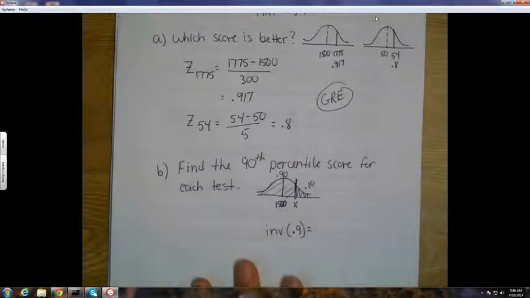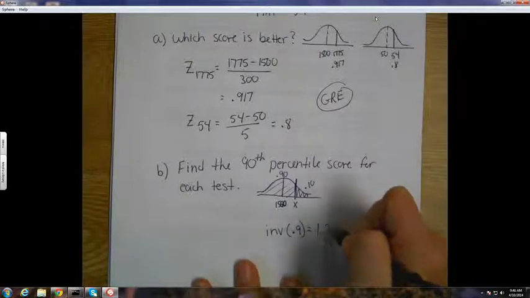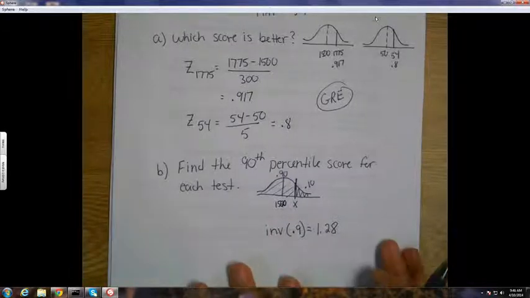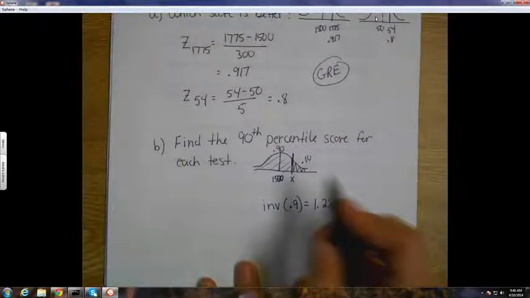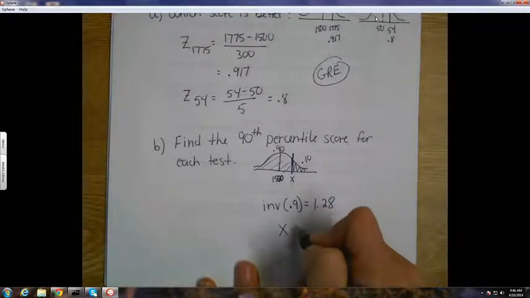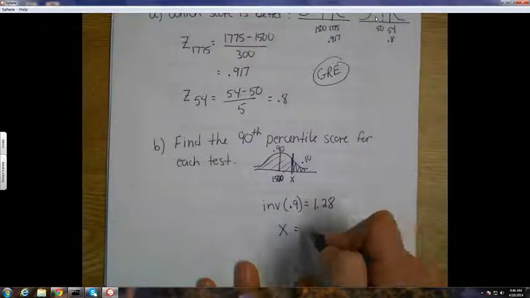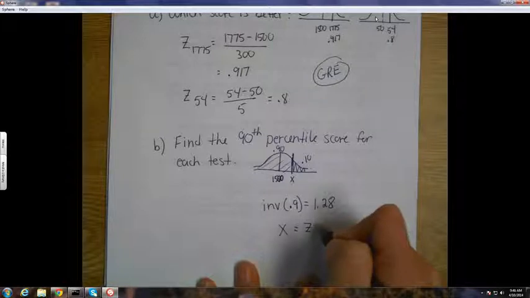What is that Z score? 1.28? That's the Z score. How do I turn that back into a test score? I want an X value. We just did it in the last problem before this one. Z score times standard deviation plus mean.